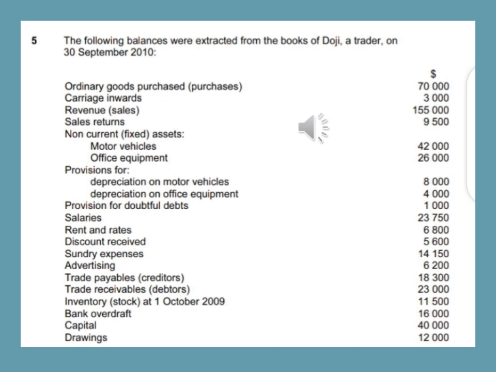Moreover, I have chosen this topic because it will revise a lot of small concepts that come up in accounts. For example, bad debts and provision for bad debts that we covered way earlier. End of the period adjustments will be revised thoroughly by doing this question, and some other topics will be covered as well.